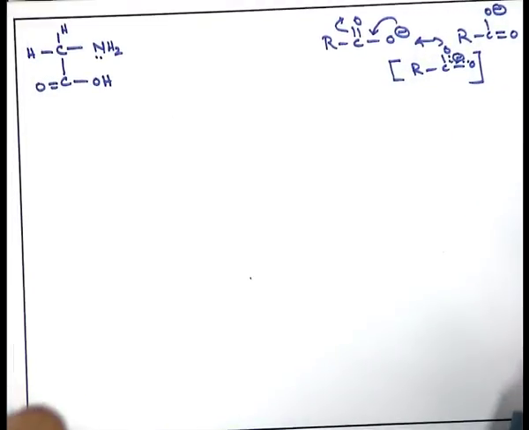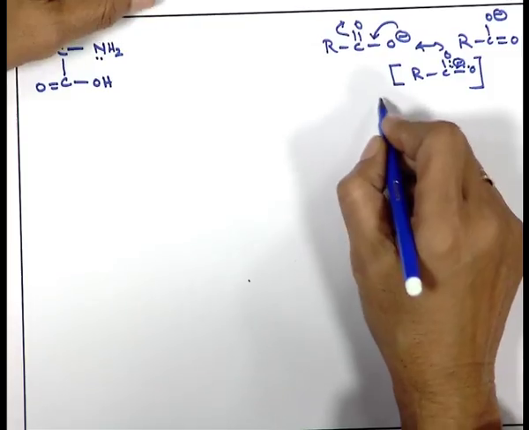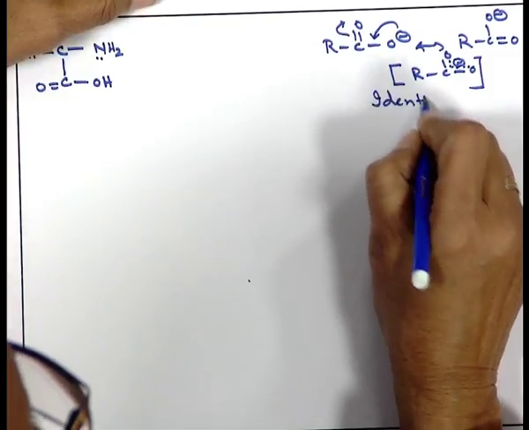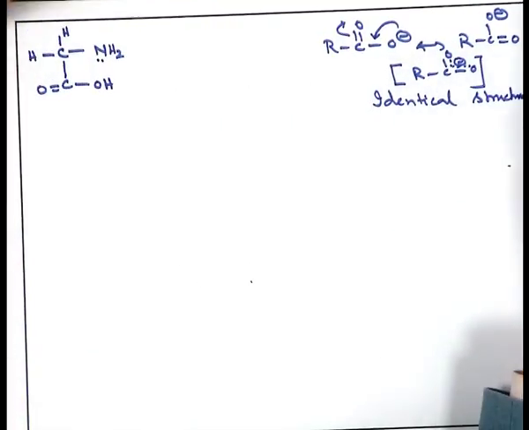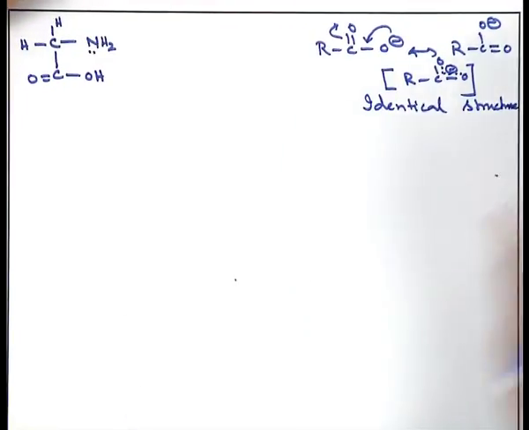We cannot identify which oxygen keeps the negative charge for how long, it is delocalized. So, the more identical the structures, that is a very important term, identical structures, the more the stability. We know the Kekulé structures' contribution towards the resonance hybrid is maximum. So, that sort of phenomenon is taking place over here also. The carboxylate ion is stabilized by symmetrical resonating structures.